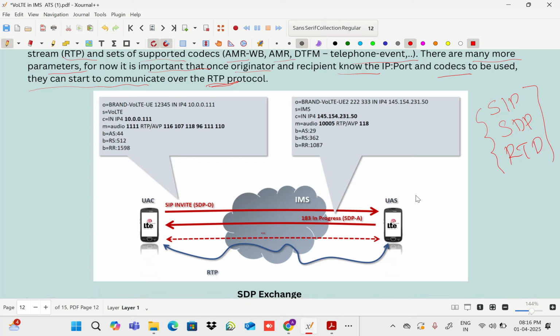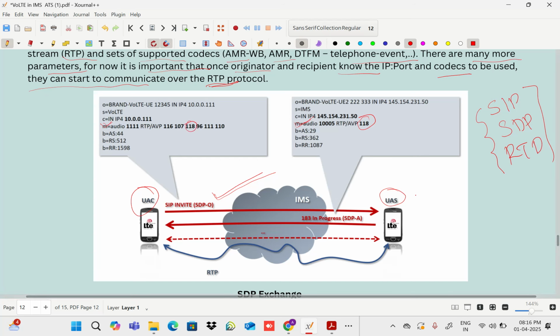Like in this call flow, the UAC, user agent client, and the user agent server are negotiating the SDP. It's called early media. They are offering along with the SIP INVITE message. Let's match the common things. Both media lines have common things like 118.